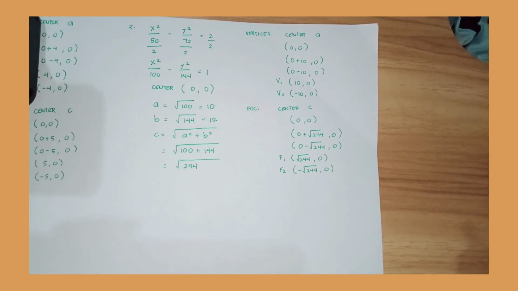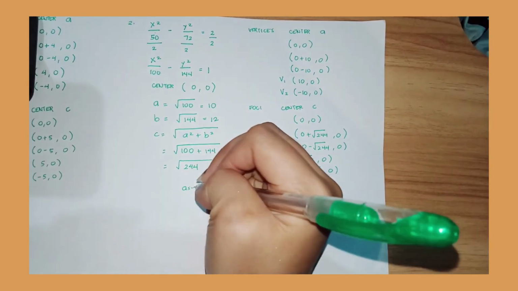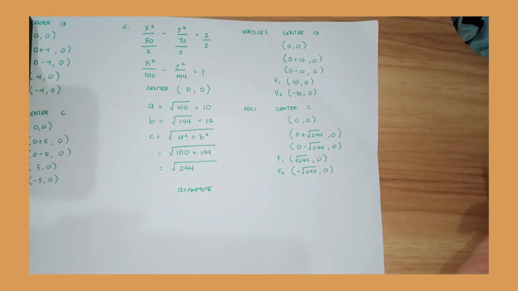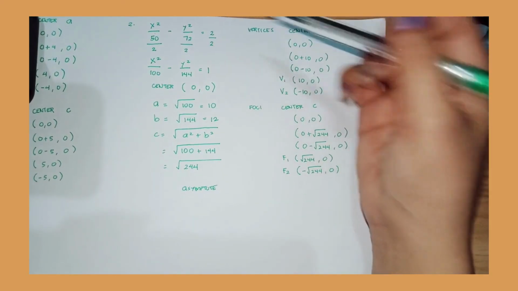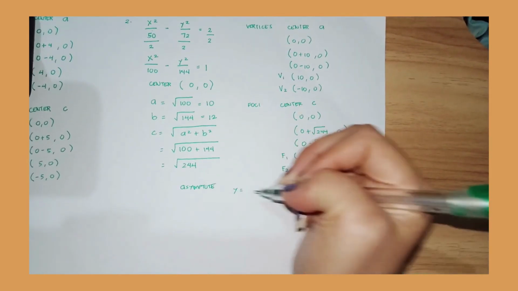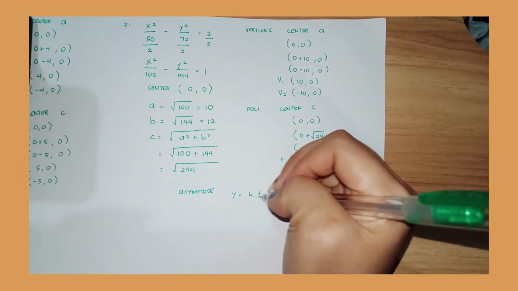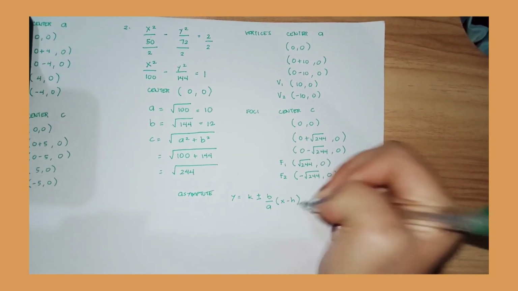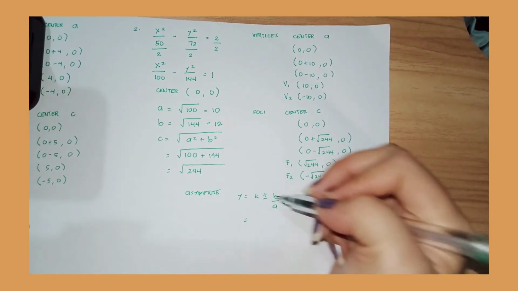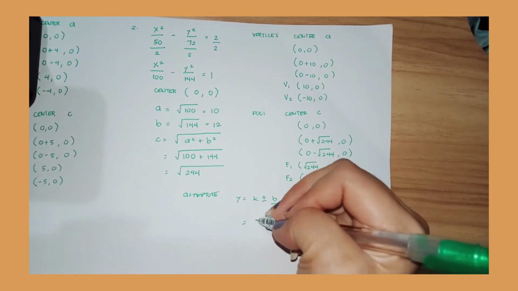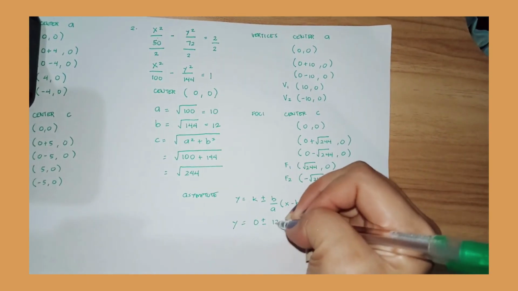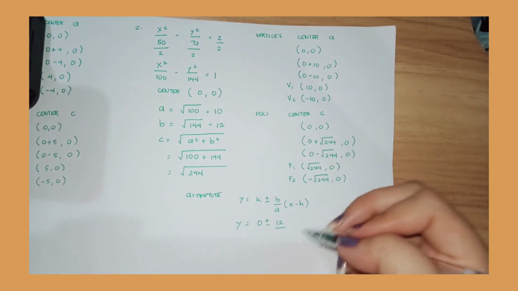Next na hahanapin natin is the asymptote. Again, ang formula sa asymptote, kapag x squared ang una ay y equals k, positive negative, b over a, x minus h. Substitute the value tayo. K is 0, positive negative, b is 12 over 10, yung ating a.